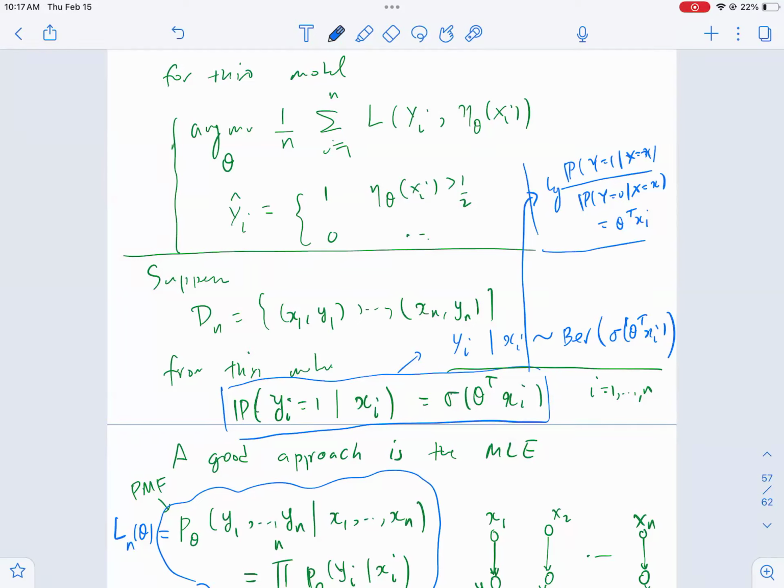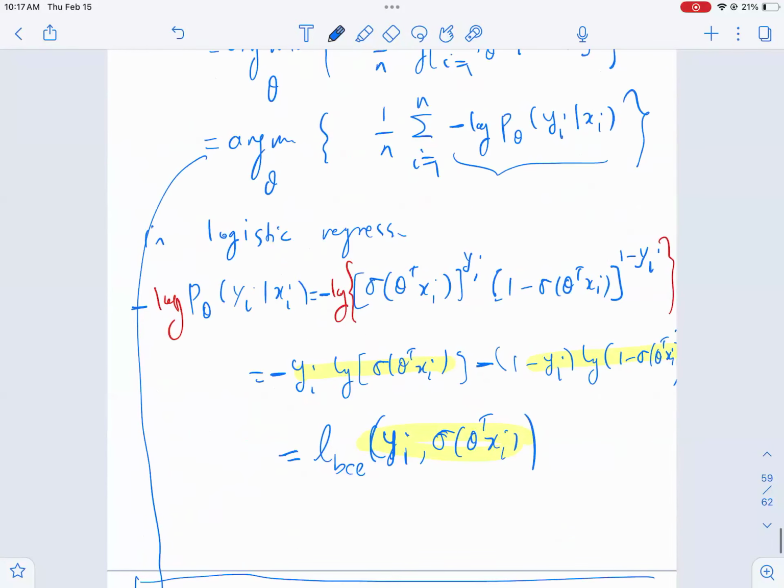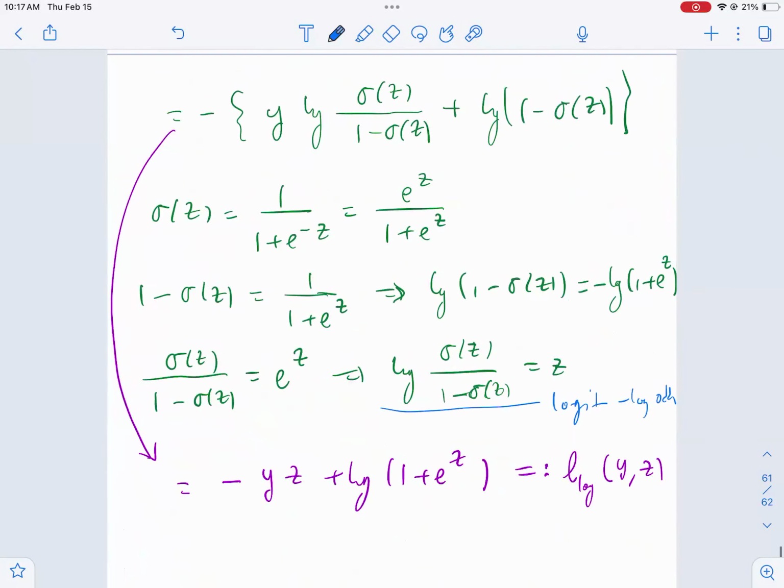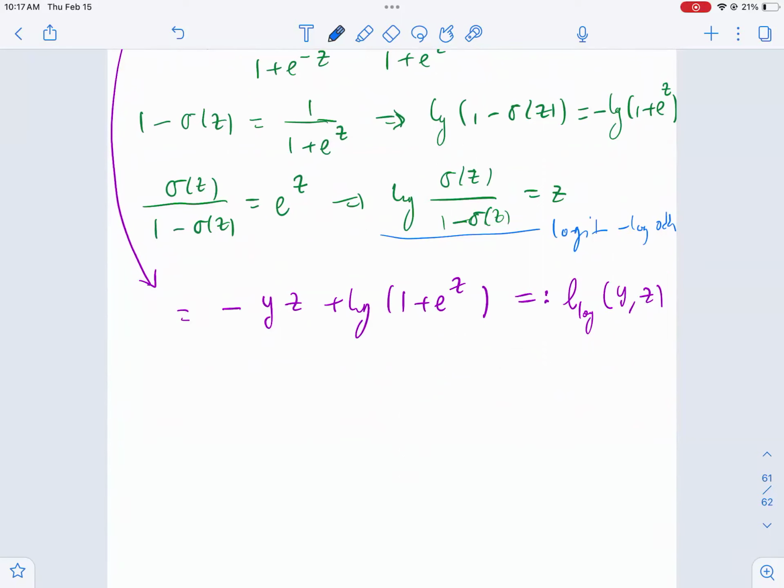So this modeling is equivalent to saying that the log of the ratio of these probabilities is theta transpose x. We model the log odds as linear in x. Log odds can be anything from negative infinity to infinity, so that's the equivalent formulation in any case. So we're modeling the logits. This is the loss between y and the logits.